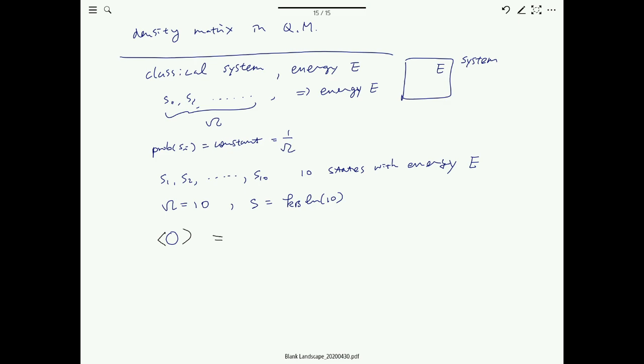That means I can sum over all possible states that are compatible with my energy, and I calculate the probability for this state, and then multiply by the value of something I want to measure for this state. And since this is a microcanonical ensemble, my probability is uniform. I have 1 over omega.